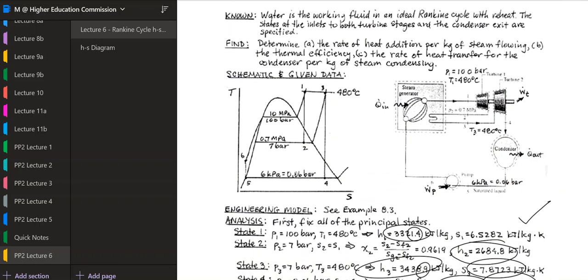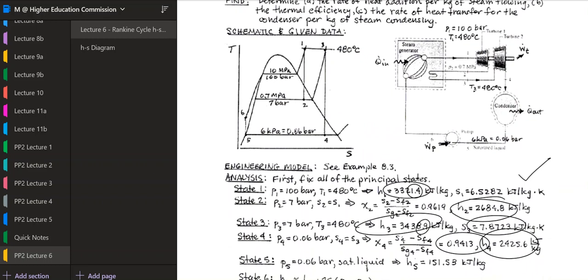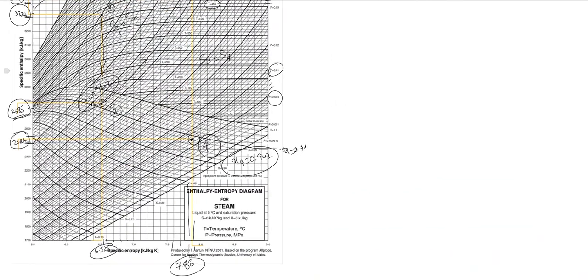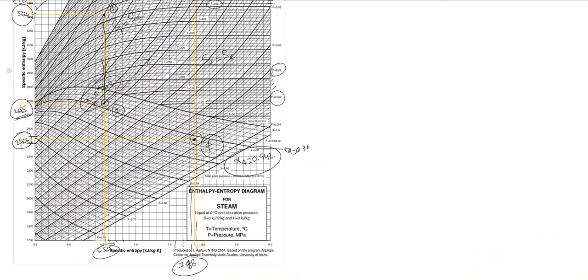Now, moving to the other part, let's say state number 5. State number 5 is actually at the saturation liquid state. If you check the Mollier diagram over here, we do not have the saturation liquid state shown.